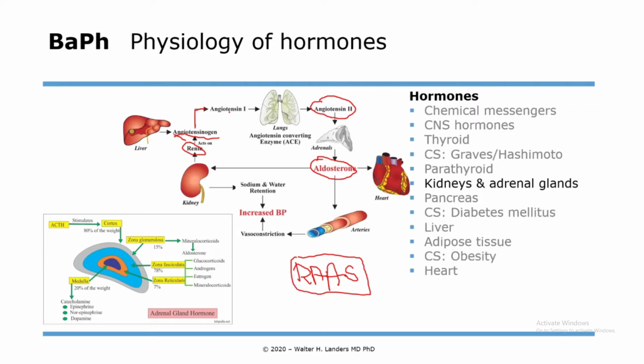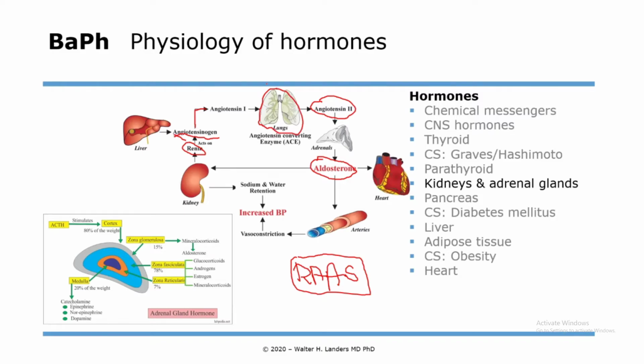Renin in itself has an effect of increasing blood pressure by constricting blood vessels. But what it does is that it activates angiotensinogen and forms angiotensin 1. And angiotensin 1 also has this potential. And then angiotensin 1 moves to the lungs, oddly enough, and to the blood vessels of the lung.